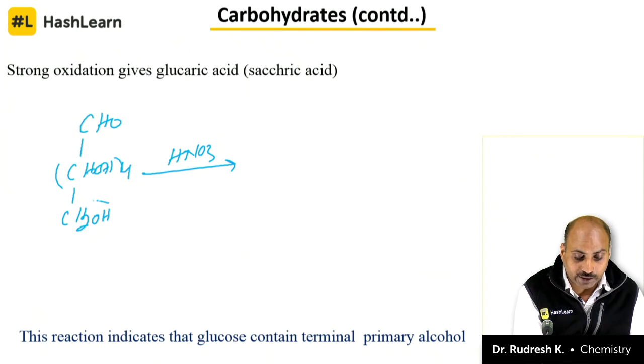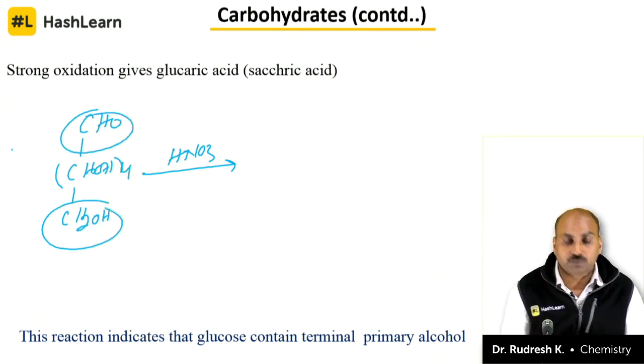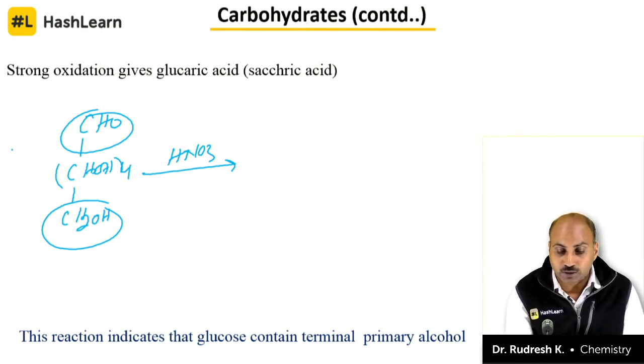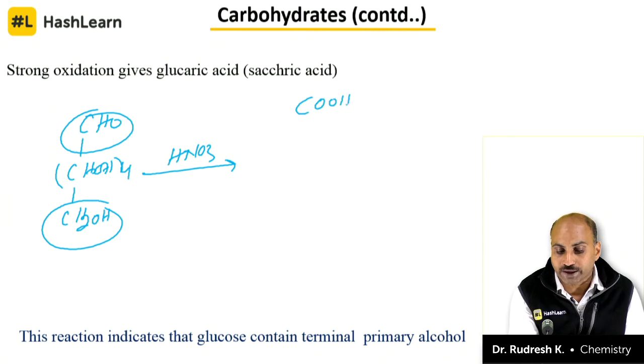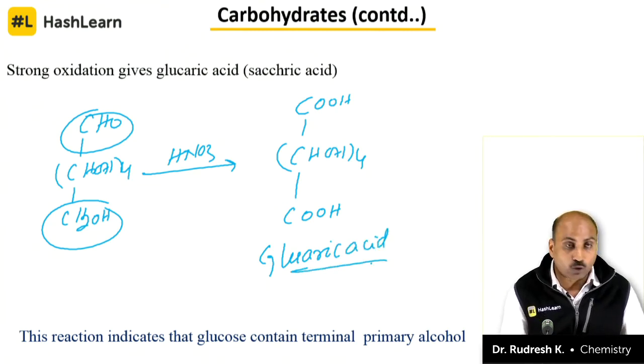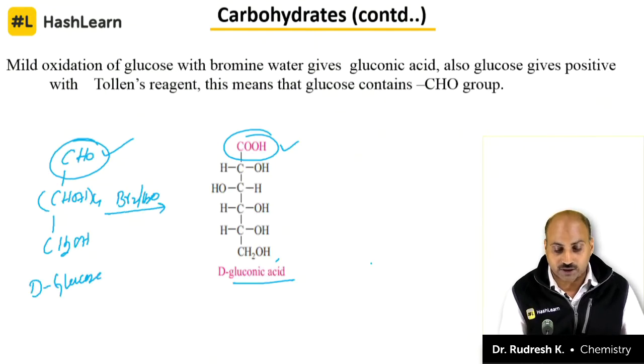Then you can expect both groups, the aldehyde group as well as the alcohol group present at the bottom, to get converted into acid groups, that means COOH, CHOH four times, then COOH. This is called glucaric acid. If you remember, the earlier one is called gluconic acid, ONIC.